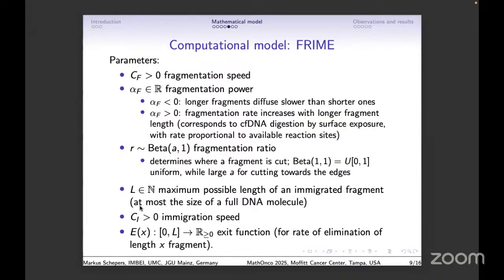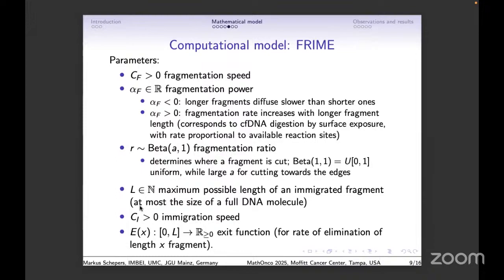For a fragmentation event, we have this fragmentation power alpha, which determines, if it is negative, such as 1 divided by root x, that longer fragments are cut down more slowly than shorter ones, whereas if it's positive, the shorter fragments are broken down faster.